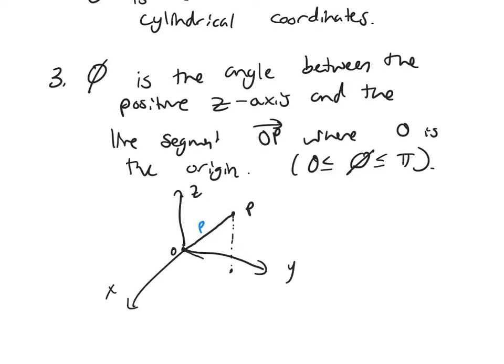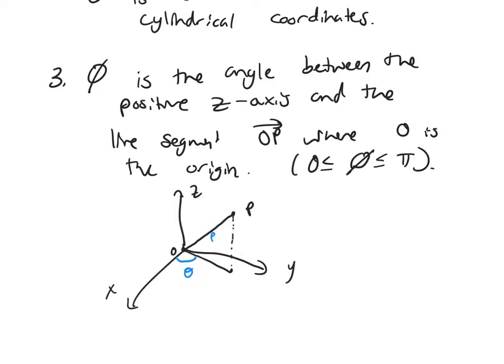And then theta is the angle between the positive x-axis and that line segment from the origin to the projection. And then finally, we have one new angle, phi.